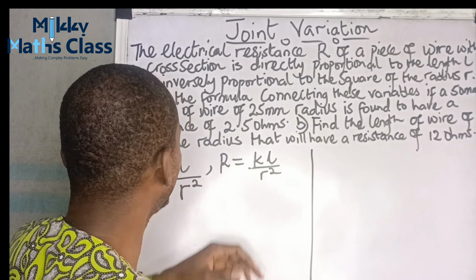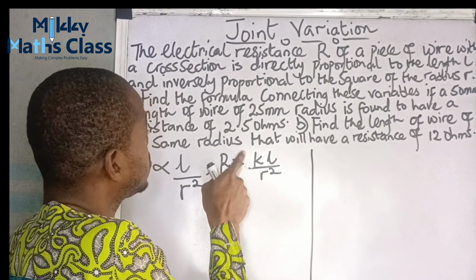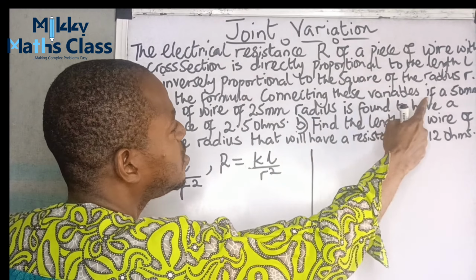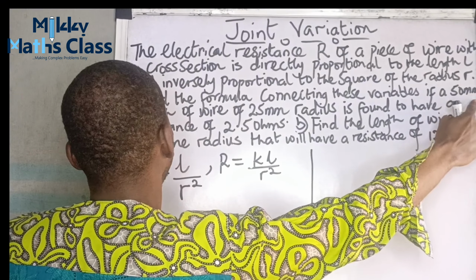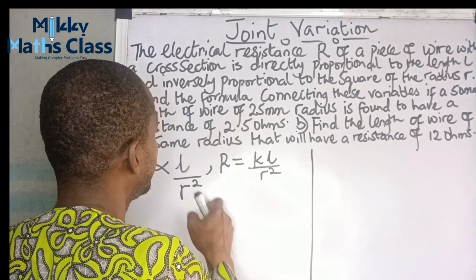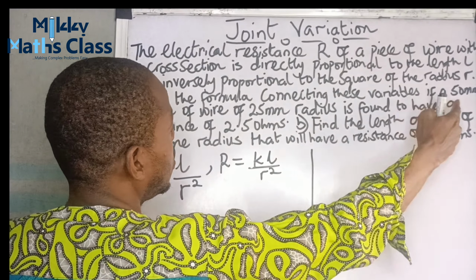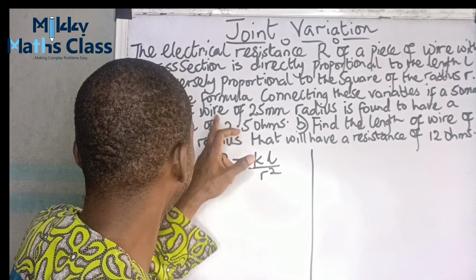So the first set of values you are given is to be used to find the constant. So we have, if a 50 mm length wire, so wherever we see L, we'll put 50.